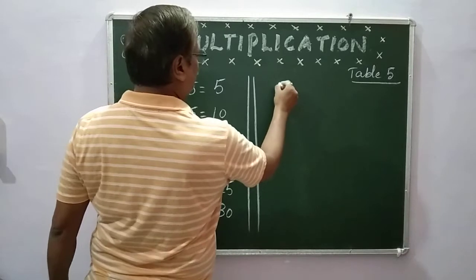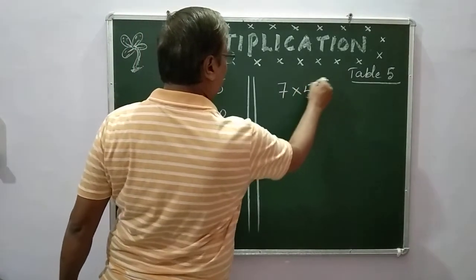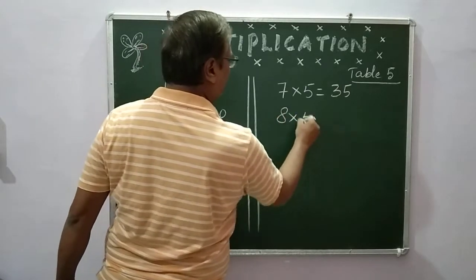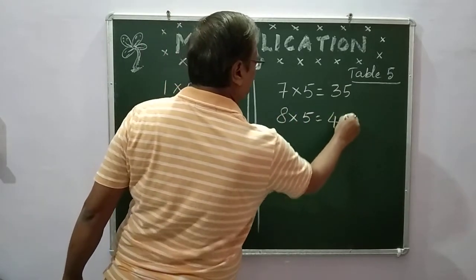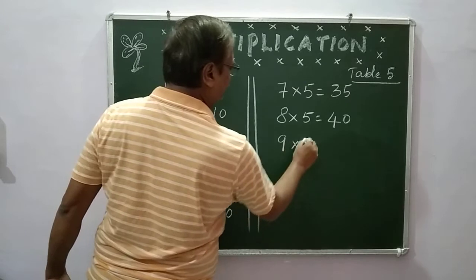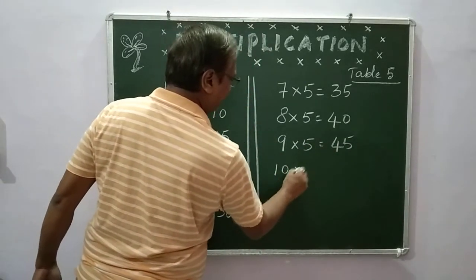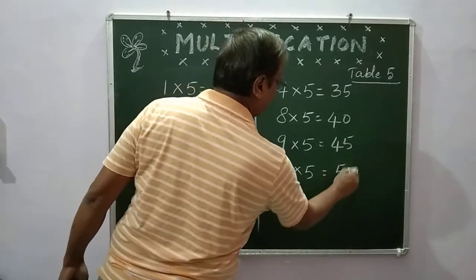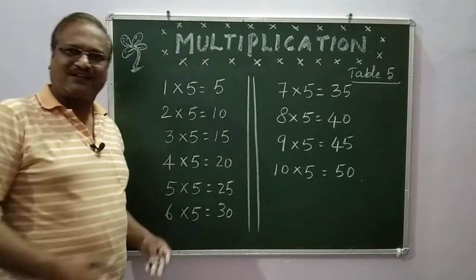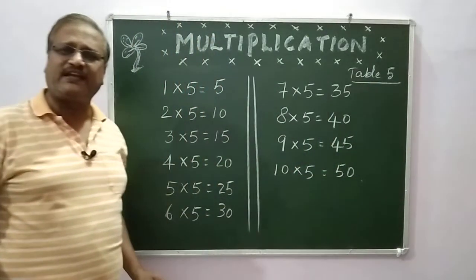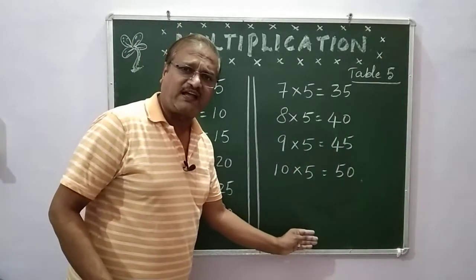Okay. Now 7 5s are 35, 8 5s are 40, 9 5s are 45, 10 5s are 50. Yeah, you can tell 11 5s are 55, 12 5s are 60.